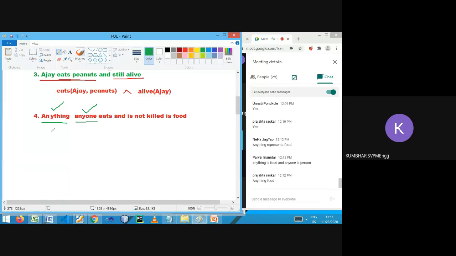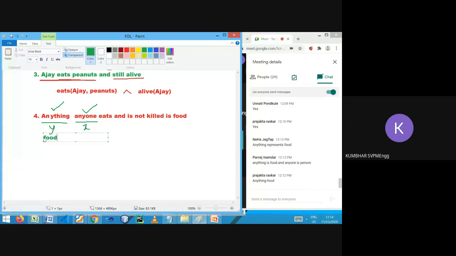So let's go with person is X. The X variable represents person and food is represented by Y. I write that here: anything means food and anyone means person. Is it clear to you all? Let's try to write these sentences now.